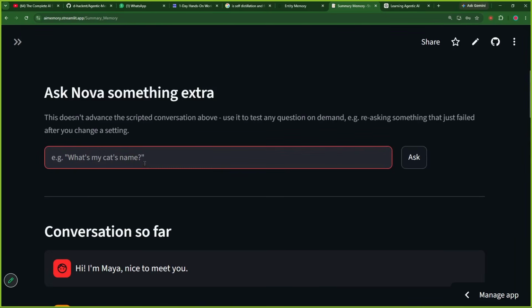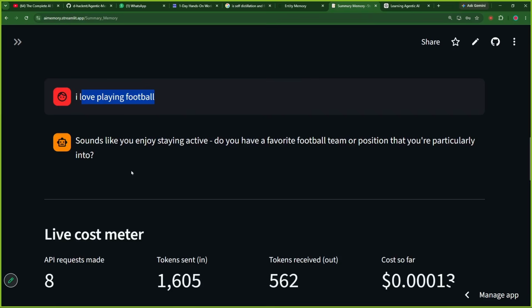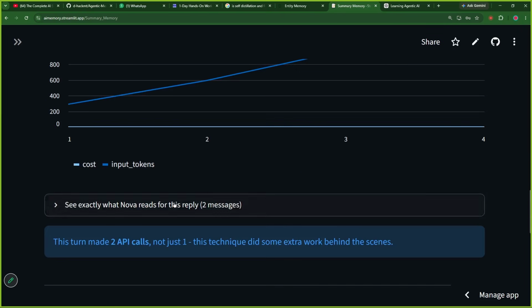If I say, I love playing football, what's going to happen? Sounds like you enjoy staying active. This is the tokens, this is the cost, how it increases.